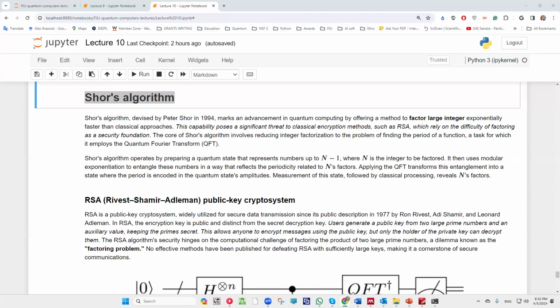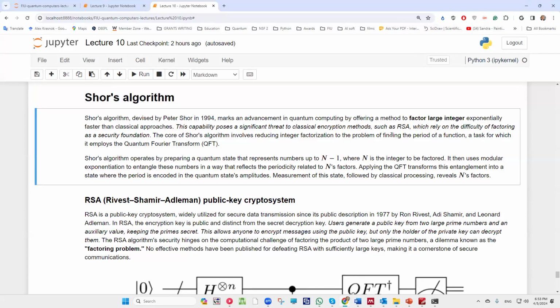You can find estimations saying that the time needed to factorize this number exceeds the lifetime of the universe, for example, even using superpower supercomputers.